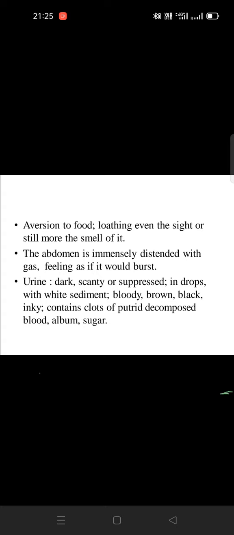And when the patient is passing urine frequently but in drops, even after passing urine there will be dropping of the urine. And in which disease condition will we find bloody and brown color of urine? We can correlate with the practice of medicine.